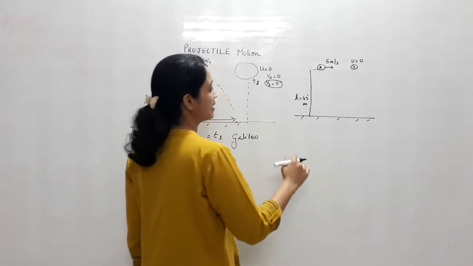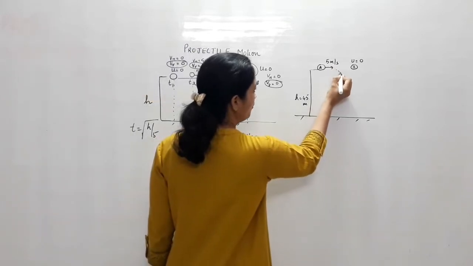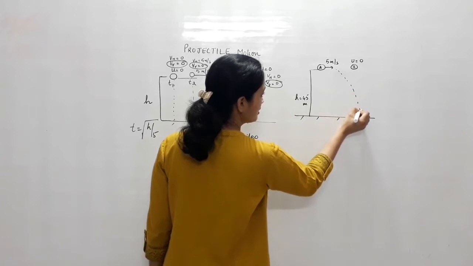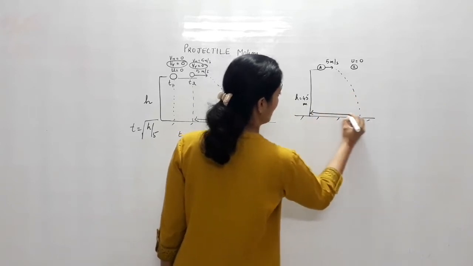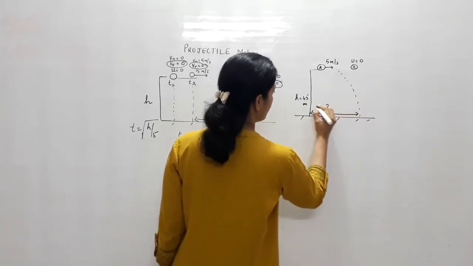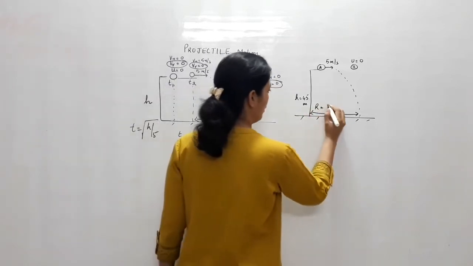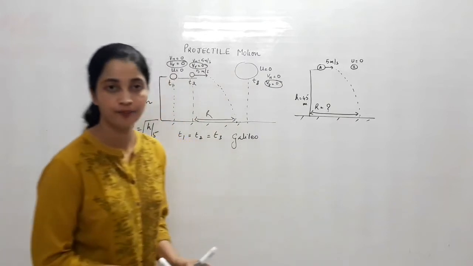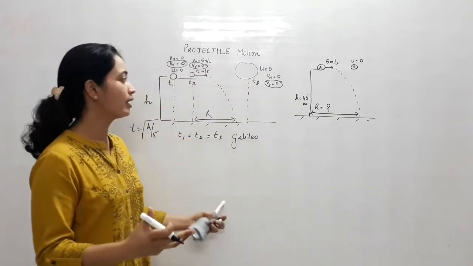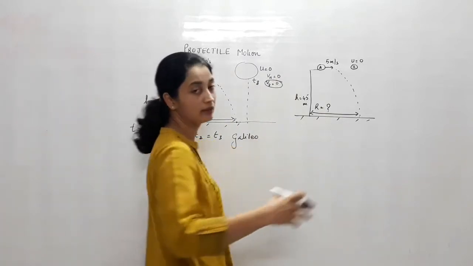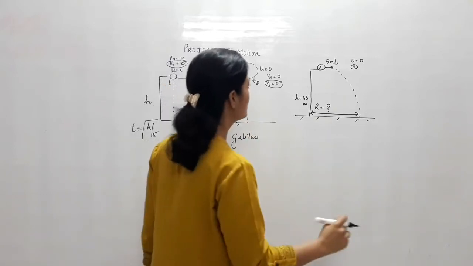simultaneously. Now if I ask you how much it travels in the horizontal, I am asking you to calculate this distance. Let us call it r. I am asking you to find out what is the value of r. Now you may be wondering, how can I find out r when none of the other values are given? Now let me tell you.